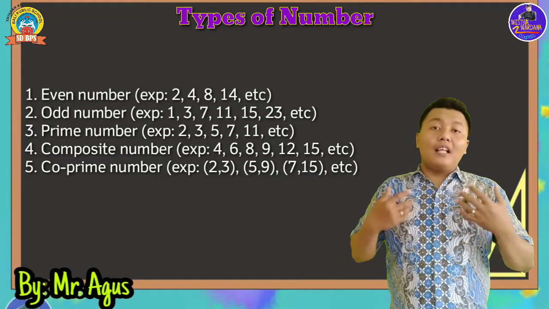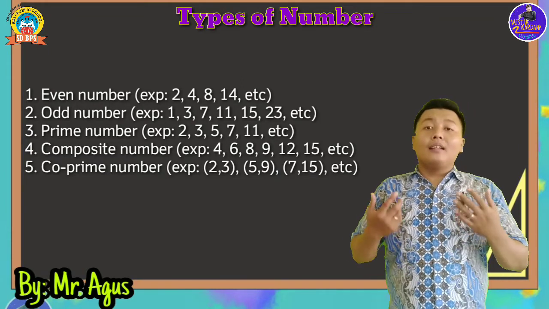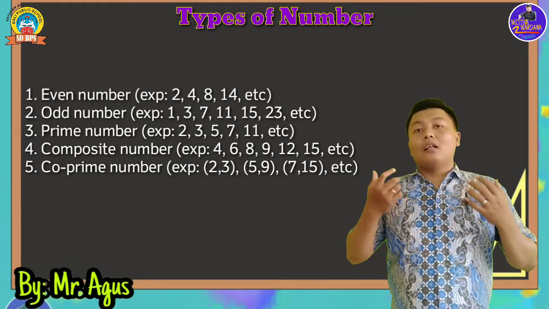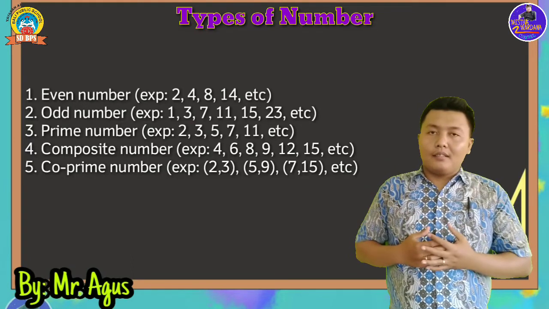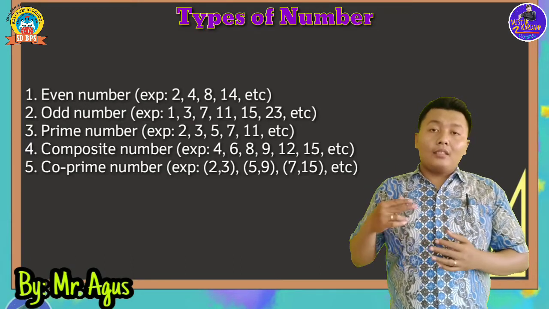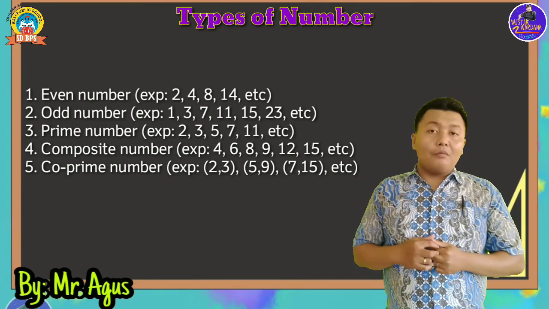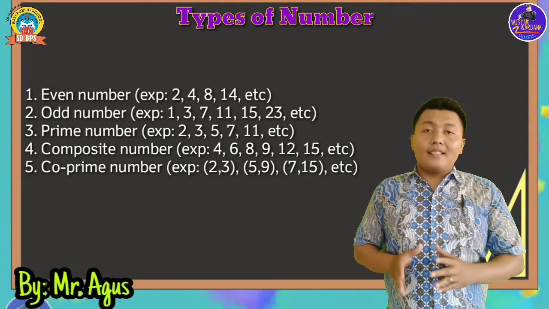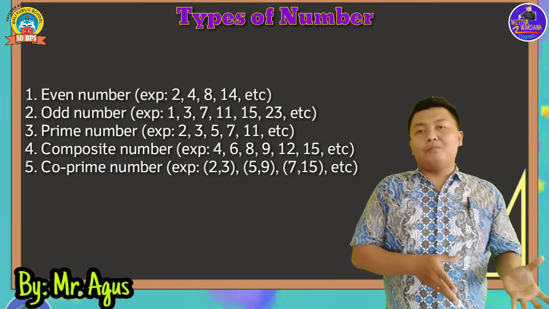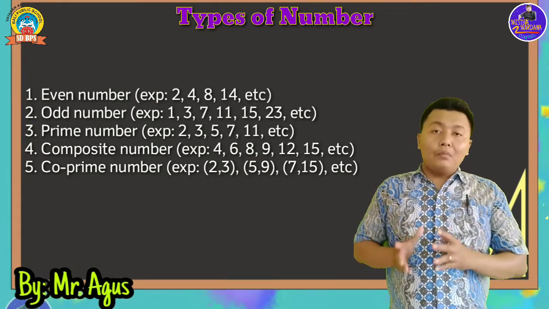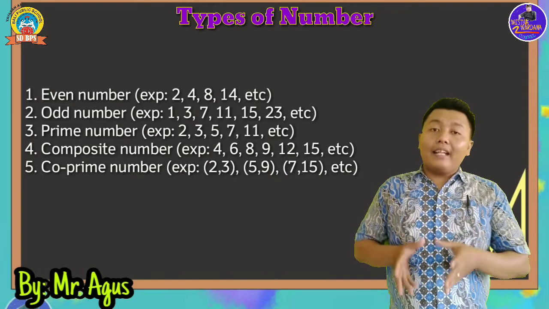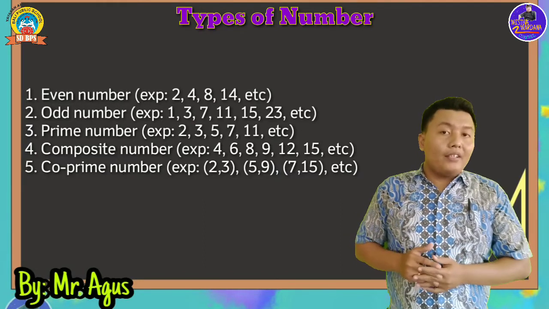If you get a number that is divisible by 2, we call it an even number. And then the second one is odd number. Odd number is the opposite of even number. So odd number means the number that is not divisible by 2.